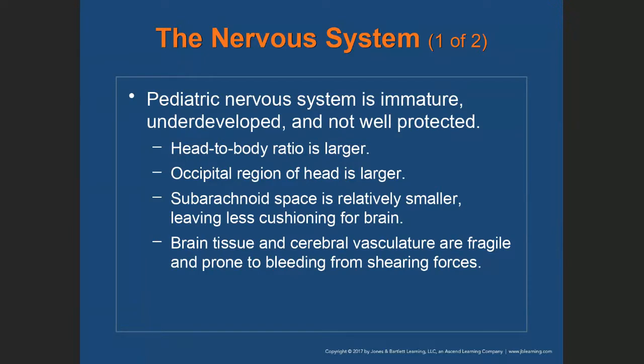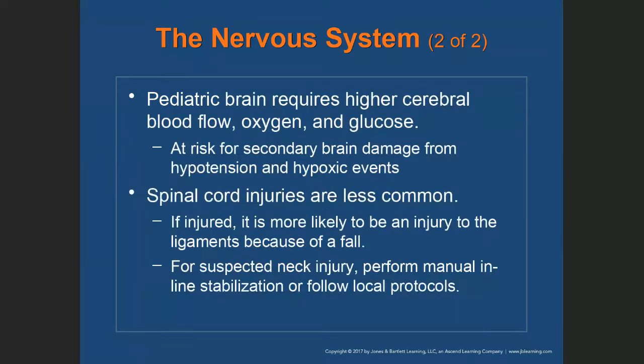Subarachnoid space is relatively smaller, leaving less cushioning for the brain. Brain tissue and cerebral vasculature are fragile and prone to bleeding from shearing forces. Pediatric brain requires a higher cerebral blood flow, oxygen, and glucose. At risk for secondary brain damage from hypotension and hypoxic events.